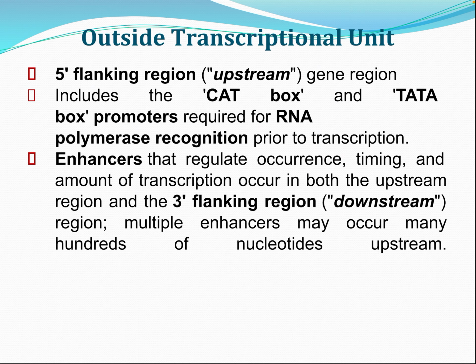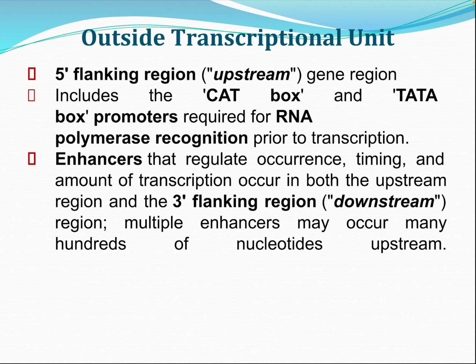Outside the transcription unit, as we have seen in the structure, there is a CAT box and TATA box. The TATA box represents the beginning of the genetic information, and the enhancers also regulate the timing and amount of transcription that occurs on the DNA strand.